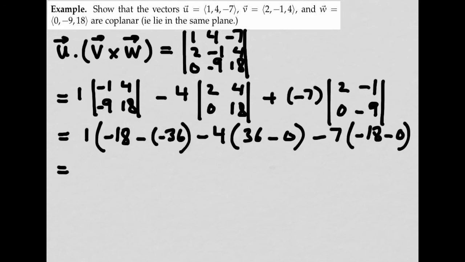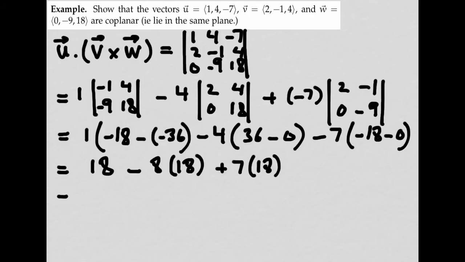That's equal to minus 18 plus 36, which is plus 18, minus 4 times 36, that's the same as 8 times 18, because 18 is half of 36, minus 7 times minus 18, that's plus 7 times 18.